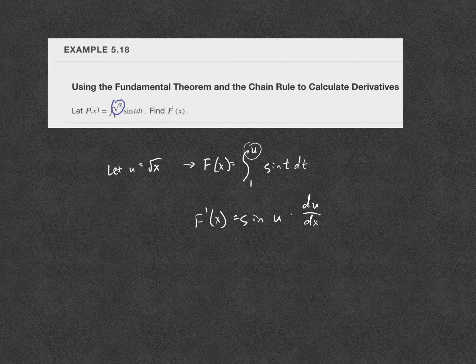All right, so finishing this problem out, our last step here is to rewrite my f prime of x in terms of the sine of not u, but u is equal to the square root of x, times now du over dx. The derivative of radical x, or x to the 1/2, is 1 over 2 radical x.